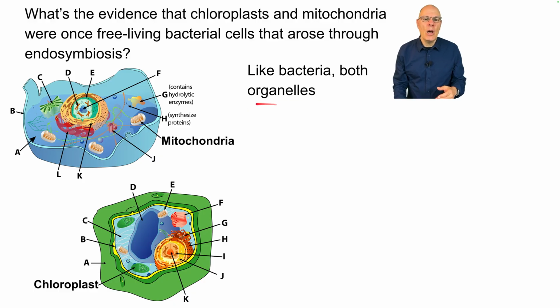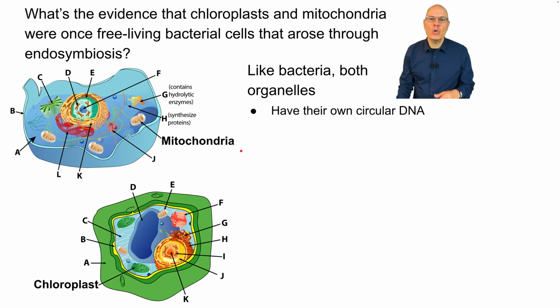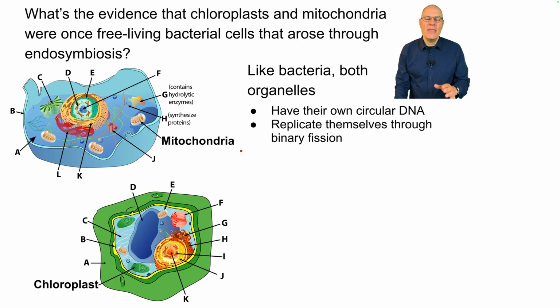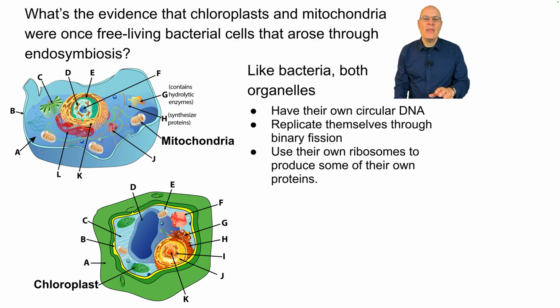Like bacteria, both of these organelles, mitochondria and chloroplasts, have their own circular DNA. They replicate themselves through binary fission. That's how prokaryotes replicate themselves. They use their own ribosomes to produce some of their own proteins.